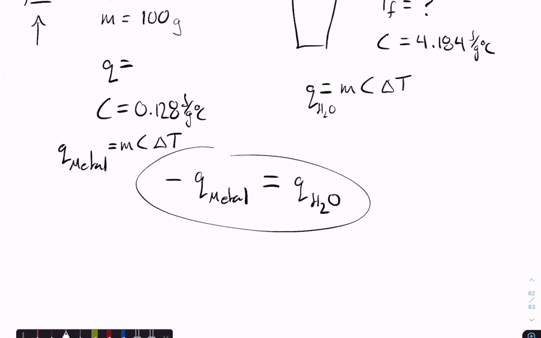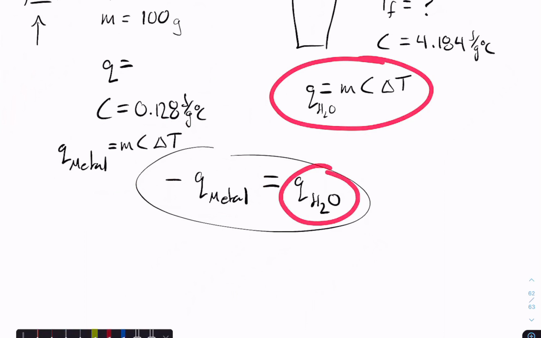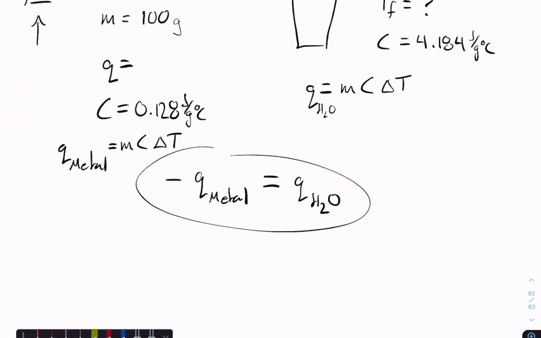So we can take this equation for Q of the metal, plug it in here. You take this equation for Q of the water, plug it in here, and solve for T final. And that'll tell you what temperature they'll meet at exactly. Both of them should have the same exact answer. They'll both have the same final temperature.